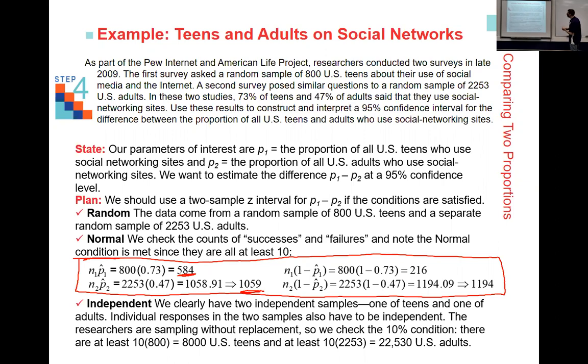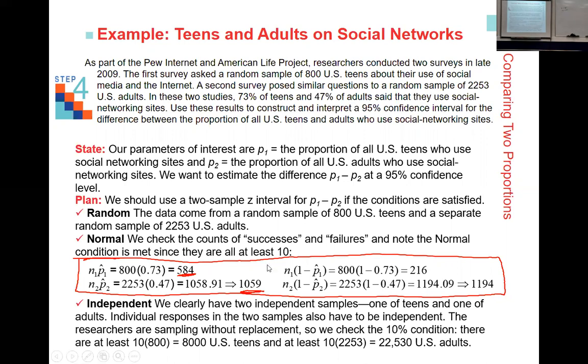So 1 was the teens, so X1 is going to be 584, and X2 is going to be 1,059. That's just a note for when we go to the calculator. You'll see that when we do it. But what to write down?